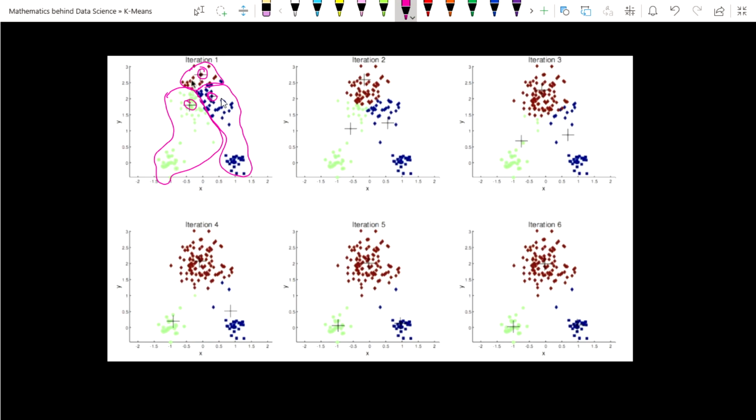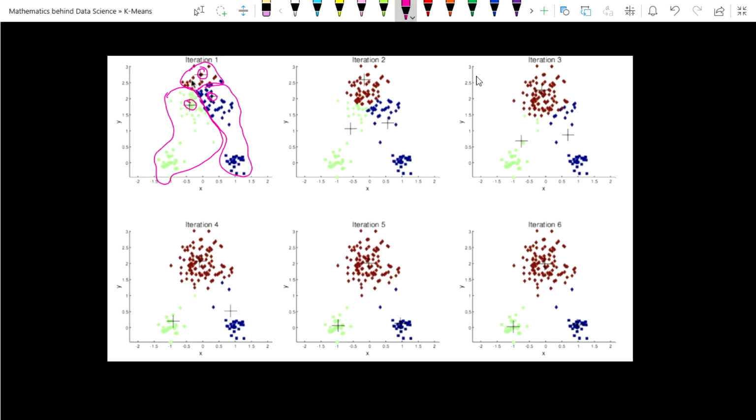After iteration 1 we make these clusters, and then we have to update the centroid for each cluster. Suppose the updated centroid for this cluster is here, and for this cluster it is here, at iteration 2.